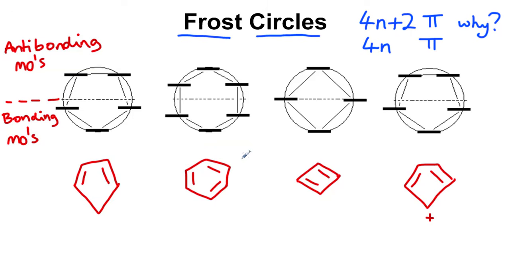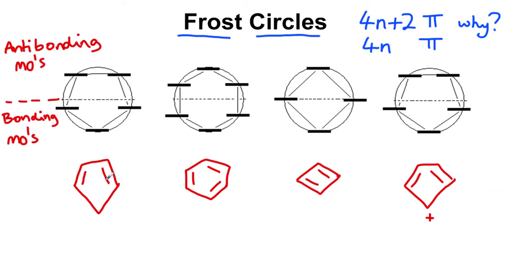So I have four compounds here. You can see they're all conjugated, they're all cyclic. For all intents and purposes, they're all flat, sort of. We're going to go through some justification for exactly why some are aromatic and some are not. Now, based on what you guys have seen before, when you look at this, you can see this is cyclobutadiene.